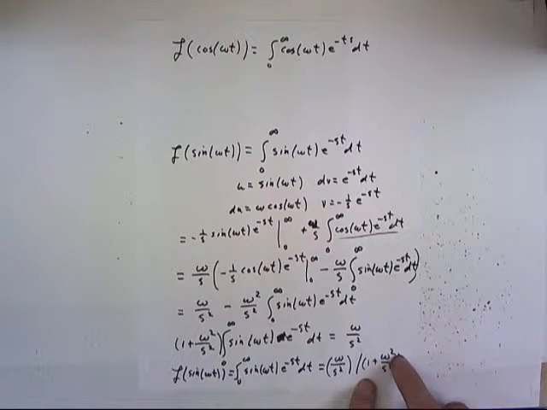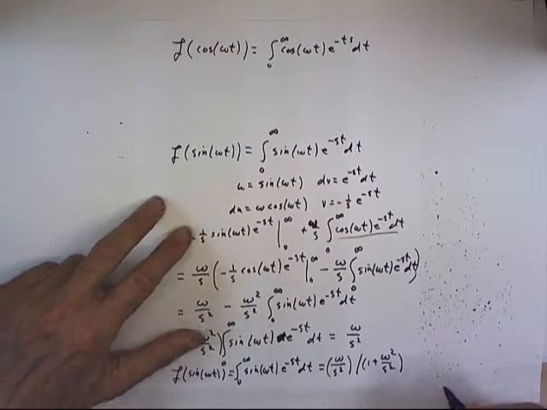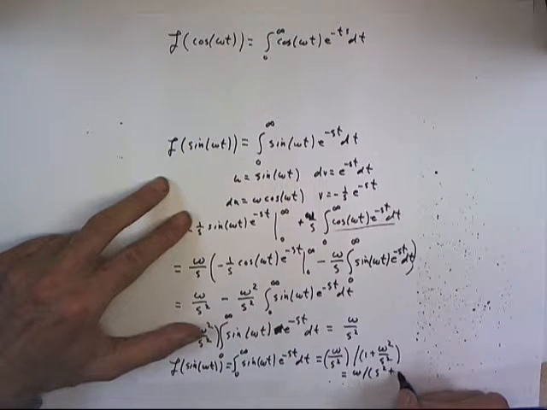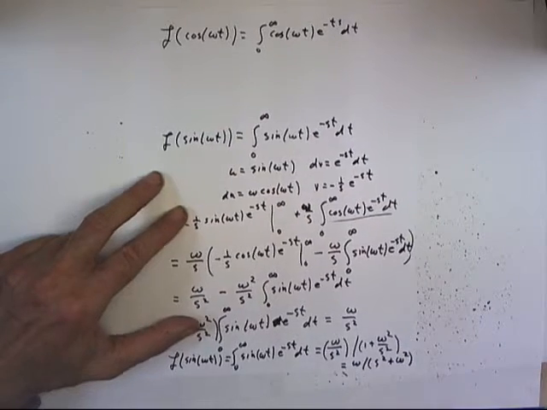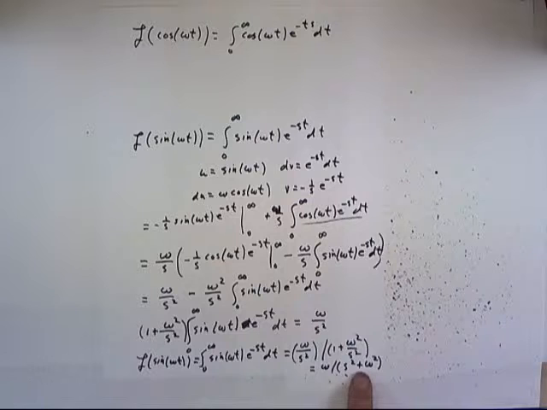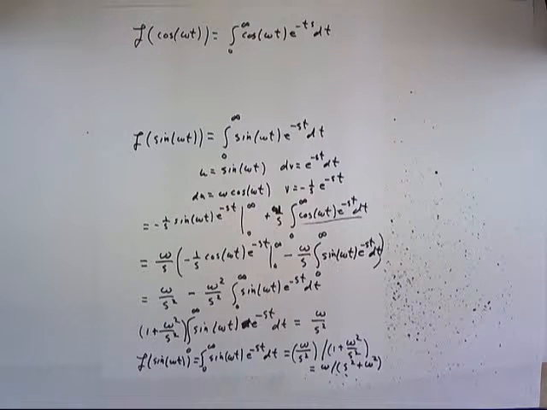This is just s squared plus omega squared over s squared. The reciprocal of that is going to be s squared over s squared plus omega squared, so that this is equal to omega over s squared plus omega squared. Now, I'll write that down in sort of a summary on the next page, but I believe that is the right expression for the Laplace transform of the sine.